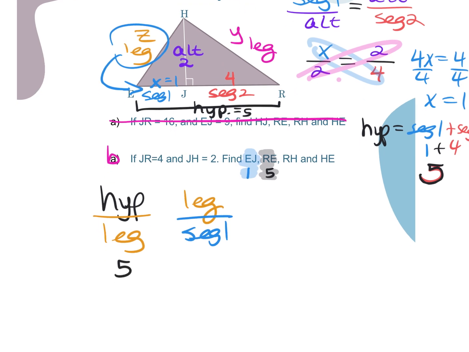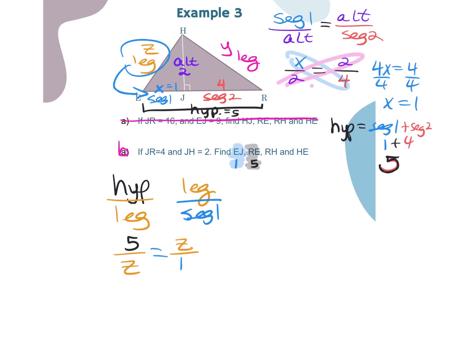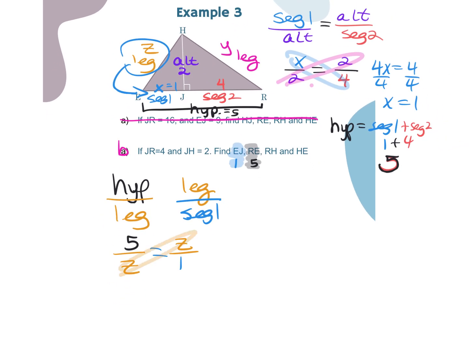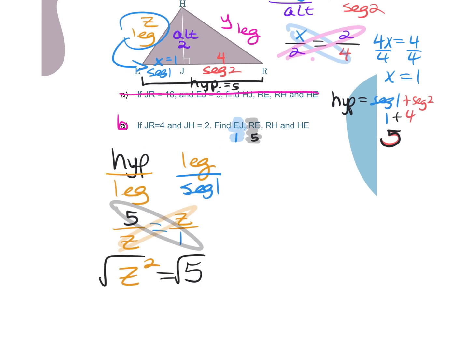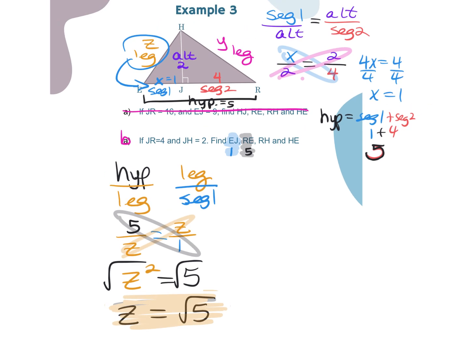The gold leg, I labeled it as Z. And then segment 1 is equal to 1. I'm going to cross multiply. Z times Z gives me Z squared. 5 times 1 gives me 5. I need to square root both sides. So that leg is equal to the square root of 5. So Z equals the square root of 5, and Z was HE. So HE is the square root of 5.